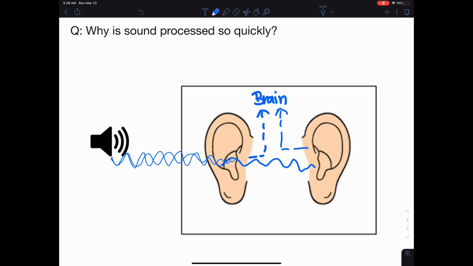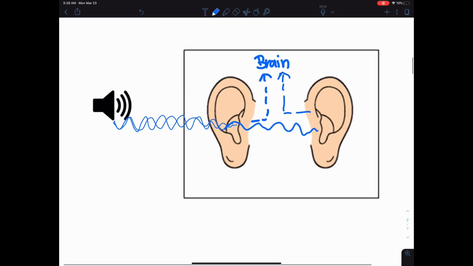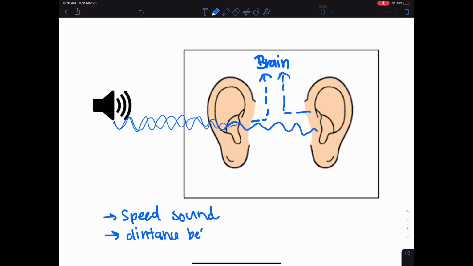And so in this way, you have two parameters: the speed of sound, and the distance between your ears.